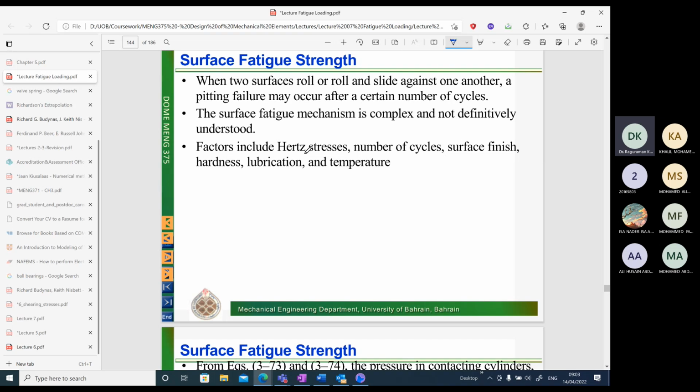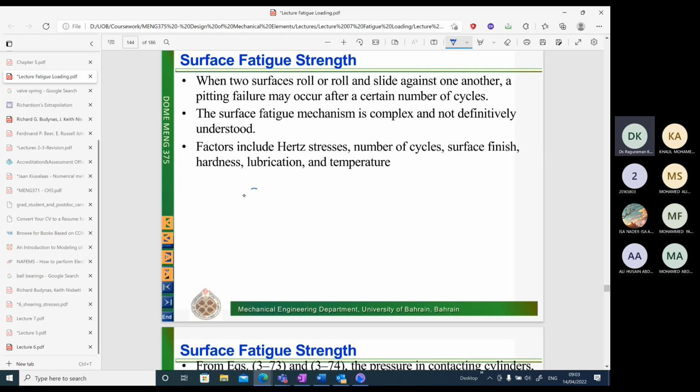In some problems, especially if you have surfaces which slide against each other or roll against each other, for example two gears, the gear teeth will slide and roll against each other. Because of that, we will have what are called contact stresses.